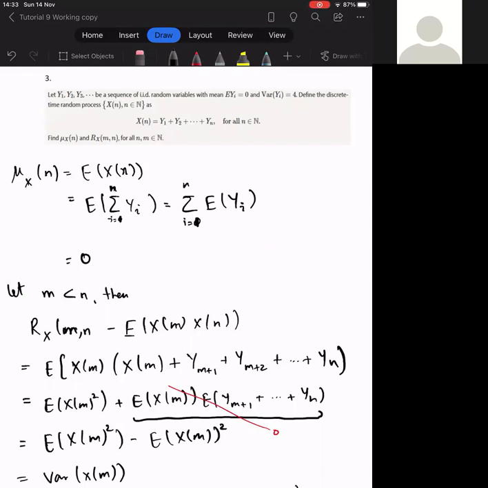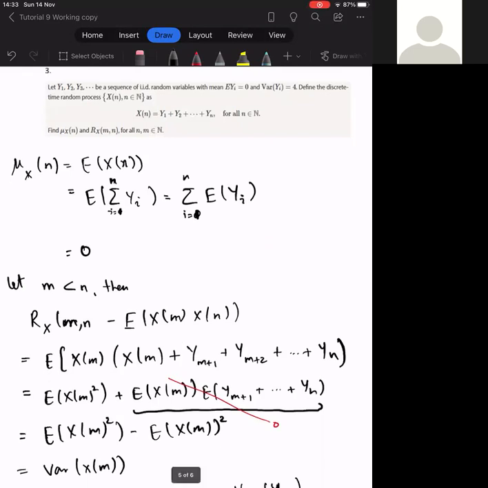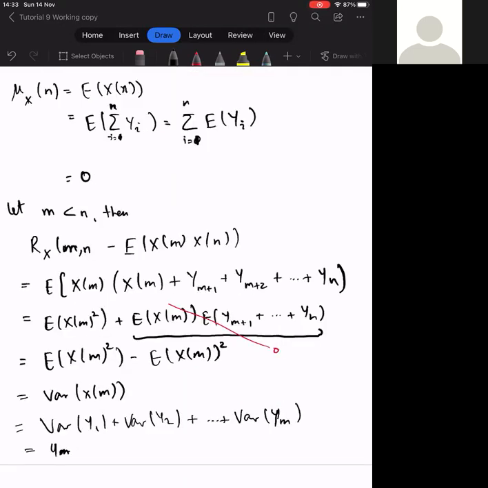Or for n is less than m, यहाँ पे n greater than m था. So for n less than m, the result of this will just be 4n.